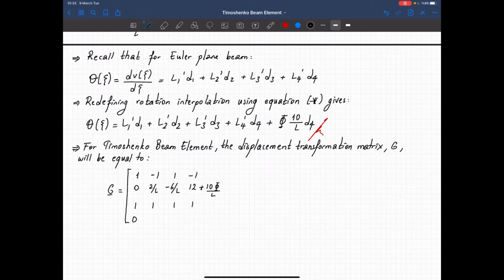And I have 0, 2 over L, 6 over L, and again 12 plus 10 phi divided by L. So I have my G matrix is different, and by using that G matrix I can calculate the H matrix as the inverse of G.